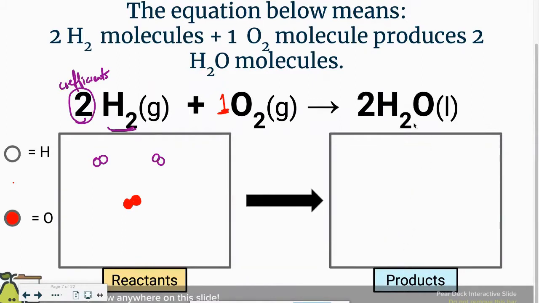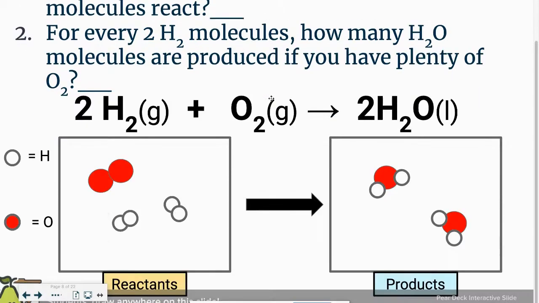Since they're liquid, I'm going to put them down here. Liquids don't float around like gases, and I need to make 2 of them, 2 H2O molecules. All right, so those are my reactants and my products.